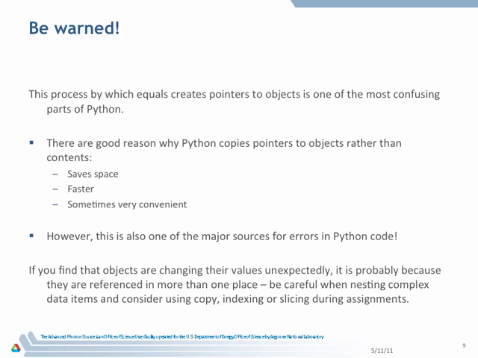Okay. This is probably the most complicated and most easily the place where you can get most screwed up in Python with thinking of equals not as creating pointers but as actually addressing objects. So if this is so confusing, why does Python do it this way? Well, if you think about everything we've done so far, all these objects have been little things.